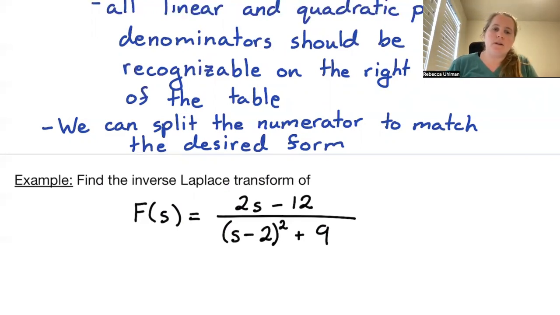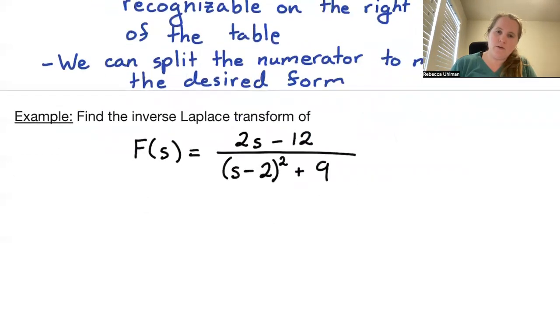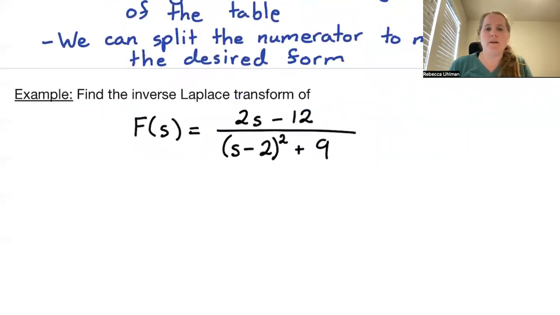So let's find the inverse Laplace transform of F of s equal to 2s minus 12 as the numerator, all divided by, in the denominator, s minus 2 quantity squared plus 9.